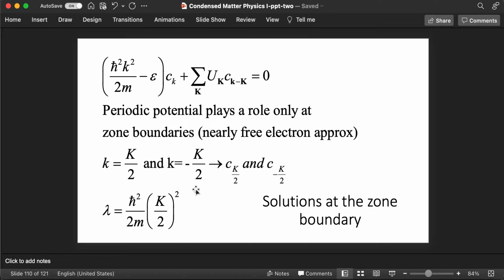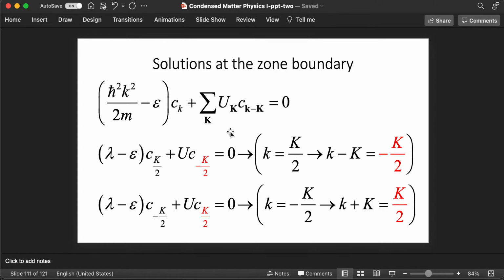Therefore in the Schrodinger equation, we are only going to retain the coefficients C capital K by 2 and C minus capital K by 2. And we will set this term here as lambda, which is exactly the energy for the wave vector equal to half the reciprocal lattice vector.